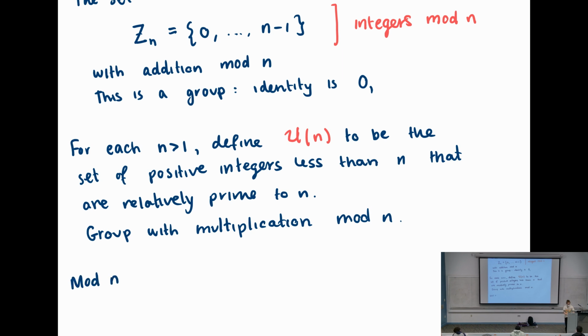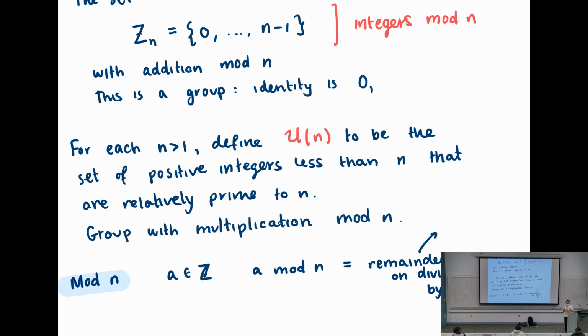So what does this mean? If a is any integer and n is a positive integer, then a mod n is equal to the remainder on division by n.